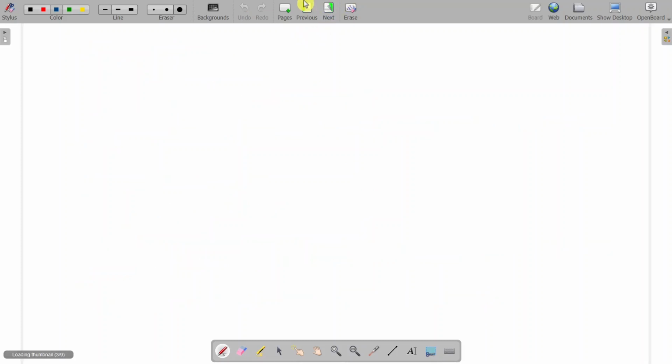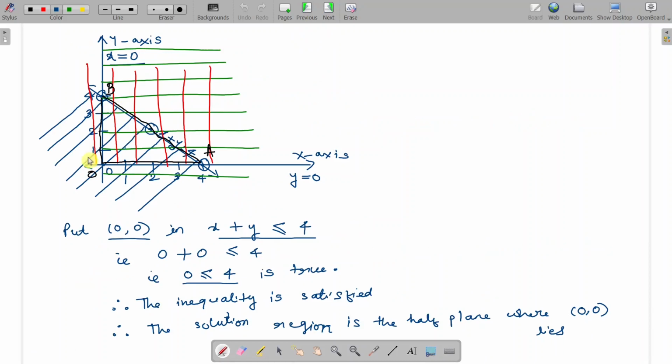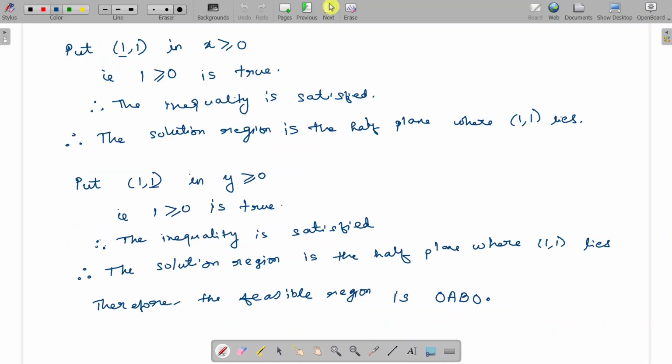And since the region is bounded, you can see that the region OABO is bounded, so the maximum or minimum will occur at the corner points, right?